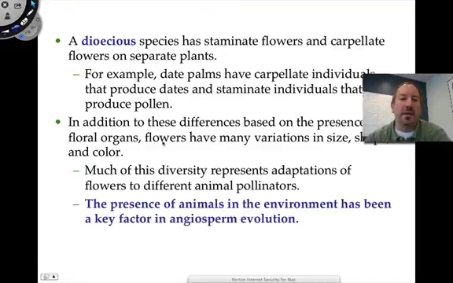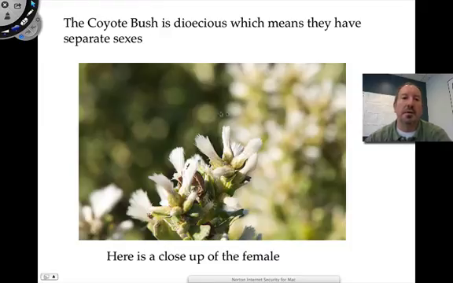I find this interesting, that all these different shapes and all these different patterns are really modifications to animals. Like I mentioned before, they're sort of co-evolving with whatever animal around is helping it pollinate. This is an example of a dioecious plant that's common in California.